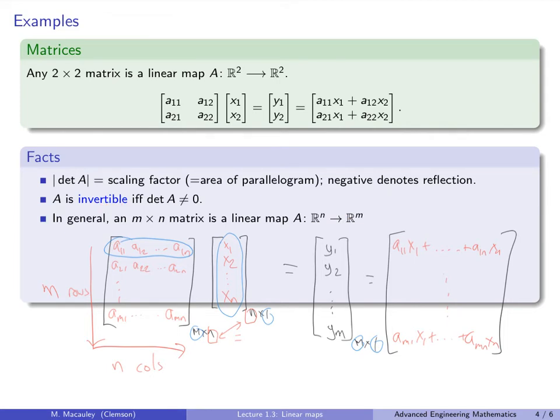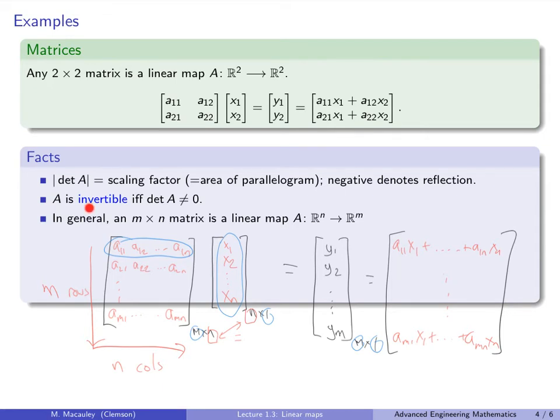So this matrix is a map between two different vector spaces, Rn and Rm. And for a map to be invertible, it has to be between a vector space and itself.